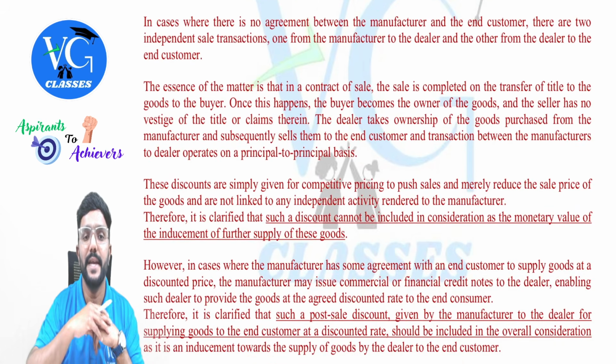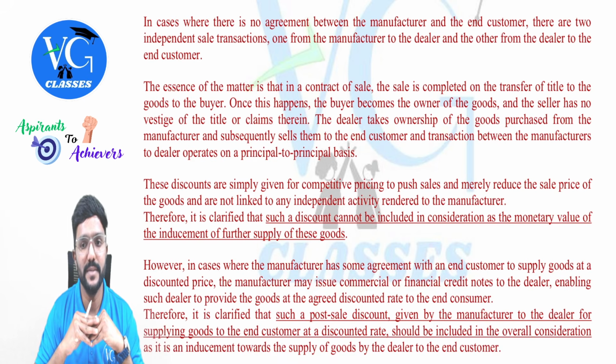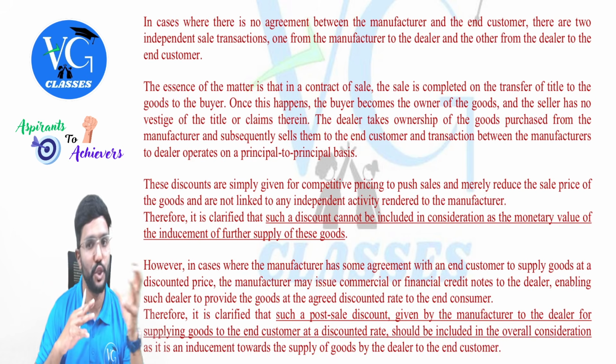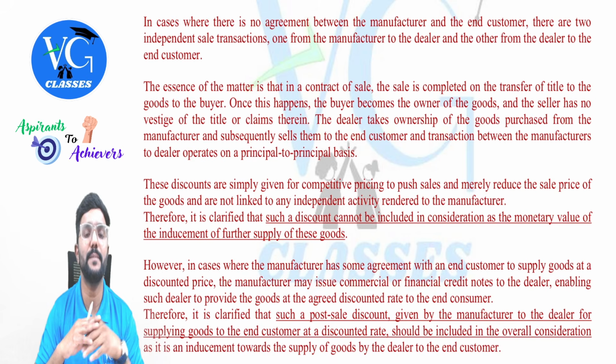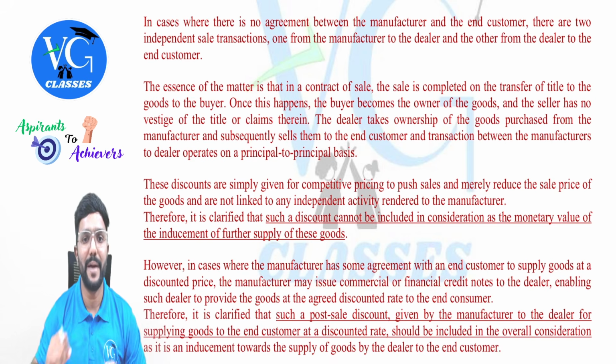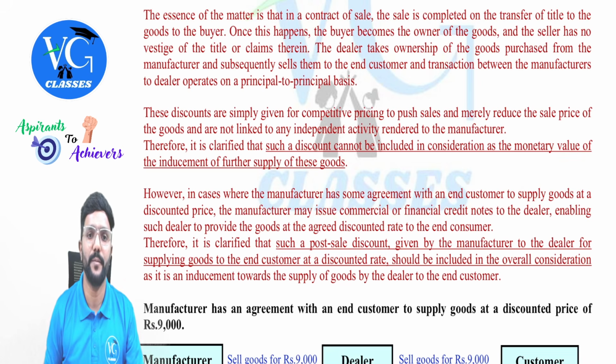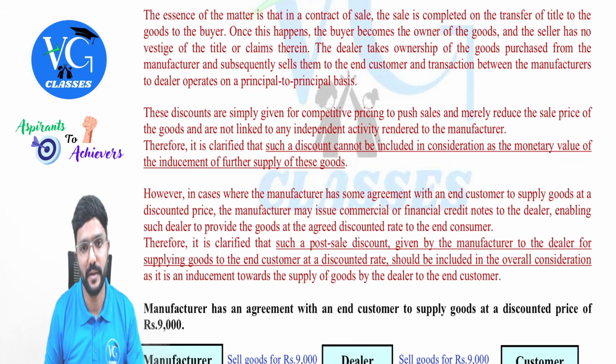In cases where there is no agreement between the manufacturer and the end customer, there are two independent sale transactions. One is from the manufacturer to the dealer, and the other one is from the dealer to the end customer. The essence of the matter is that in a contract of sale, the sale is completed on the transfer of title to the goods to the buyer. Once this happens, the buyer becomes the owner of the goods and the seller has no vestige of the title or claim therein.